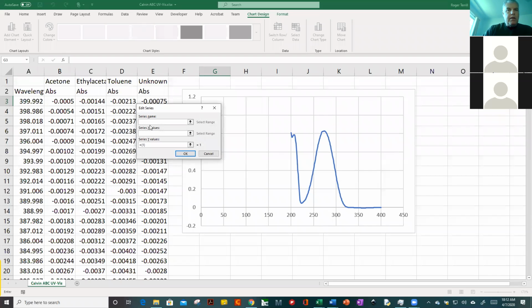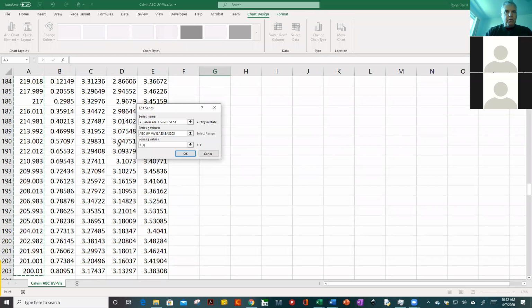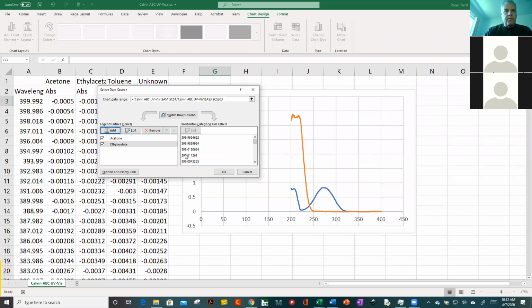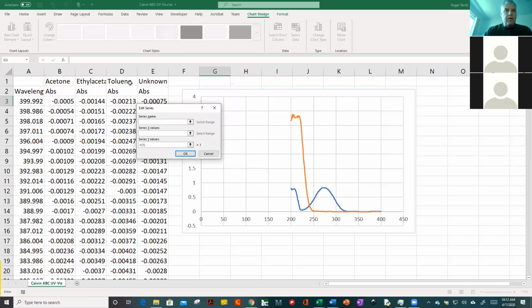And we're going to add ethyl acetate, X values here, and Y values are here. Going to add toluene.